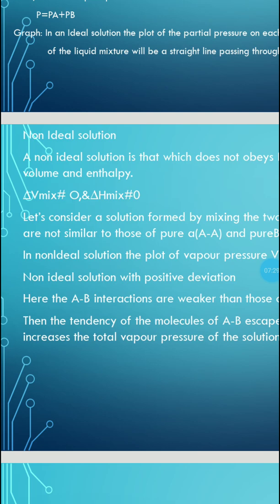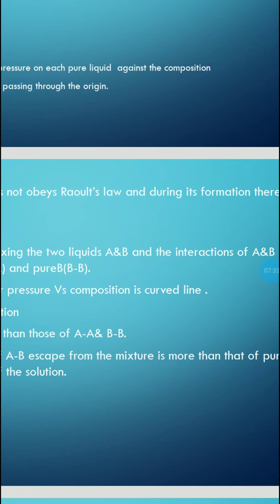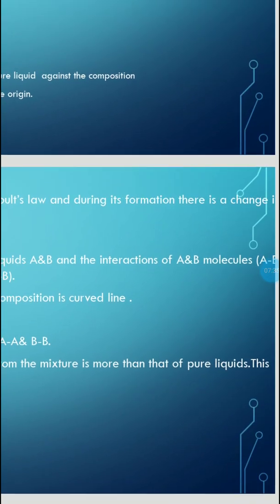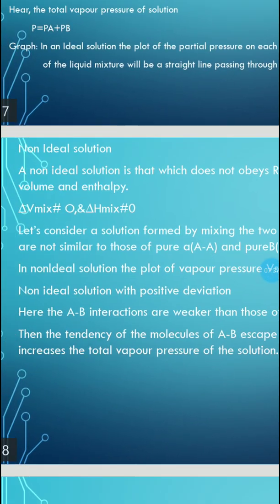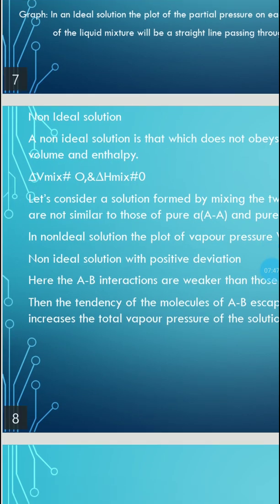A non-ideal solution is one which does not obey Raoult's law, and during its formation there is a change in volume and enthalpy. I already told you previously that in the formation of an ideal solution no heat is evolved and no heat is absorbed, and the total volume is always equal to the sum of the volumes of the components.